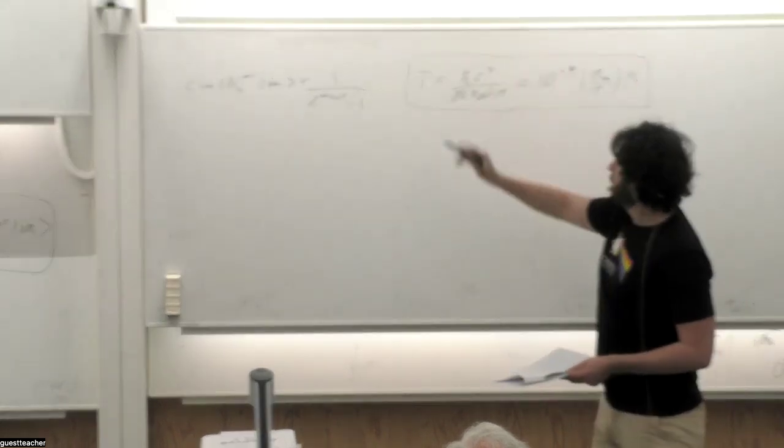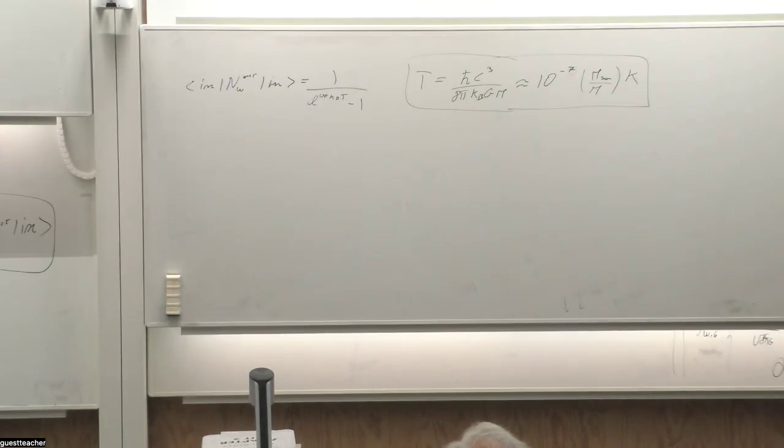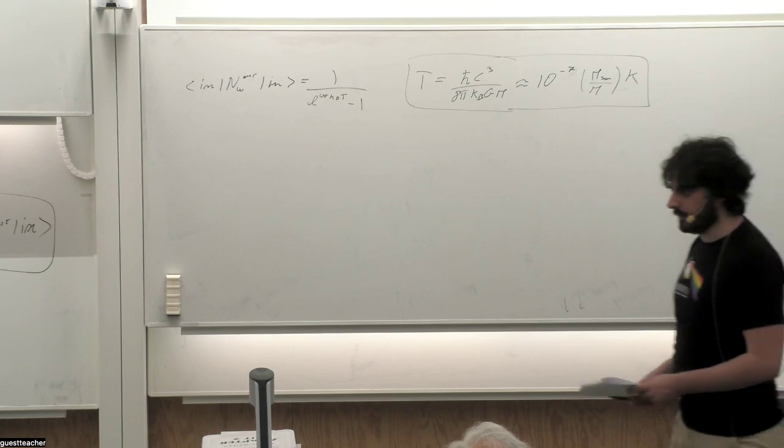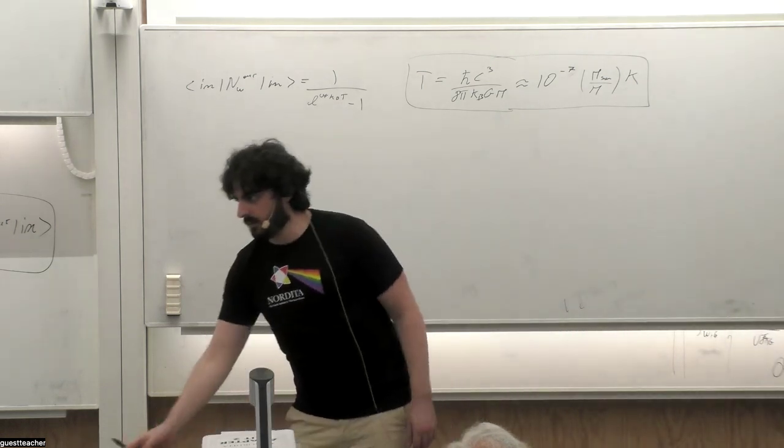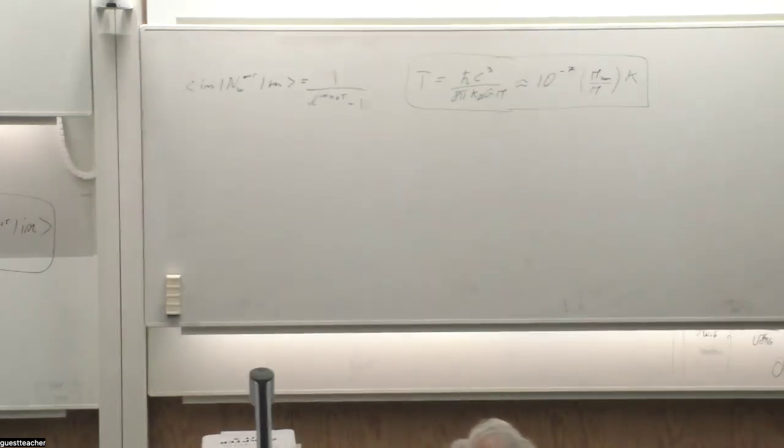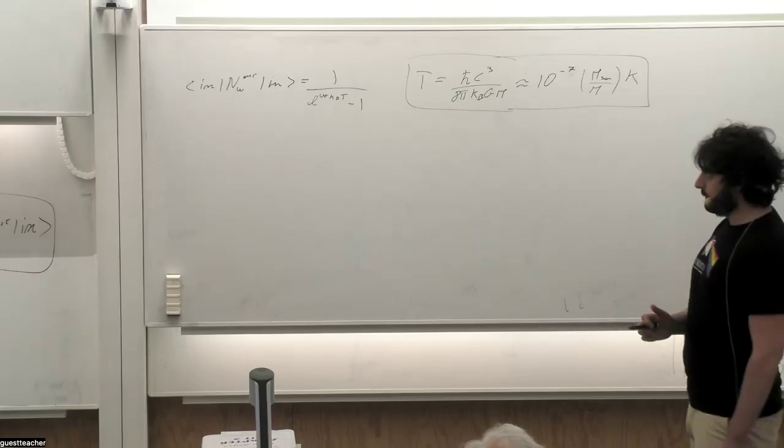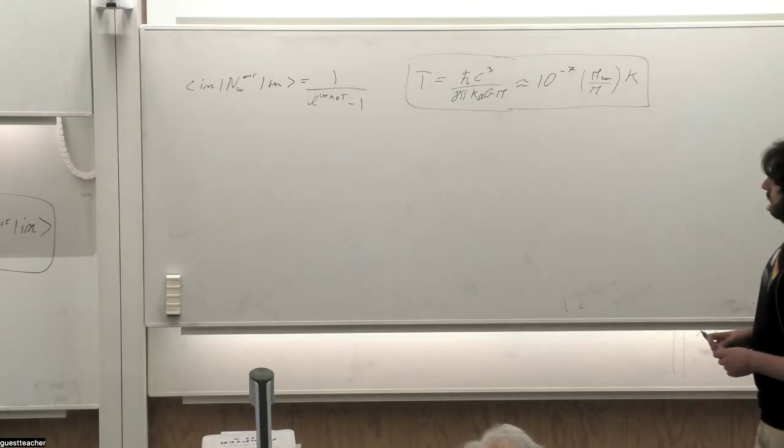So for a solar mass black hole, this is an extremely tiny temperature. It's way smaller than the CMB, for instance, extremely tiny, but still it's there. It's nice to know it's there. And for very small black holes, this can be much larger.